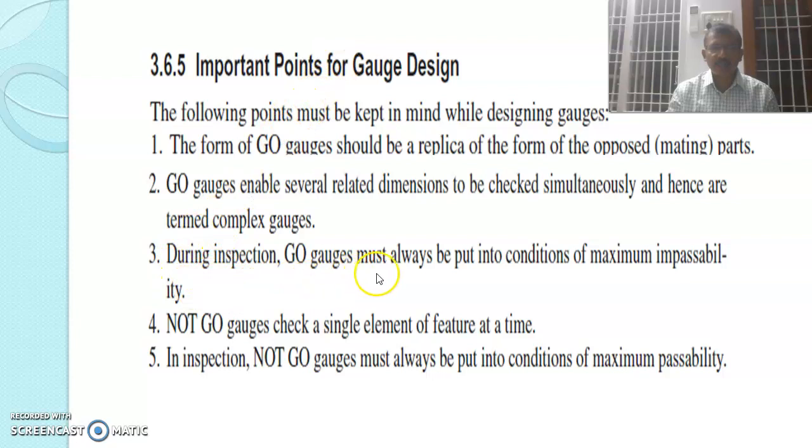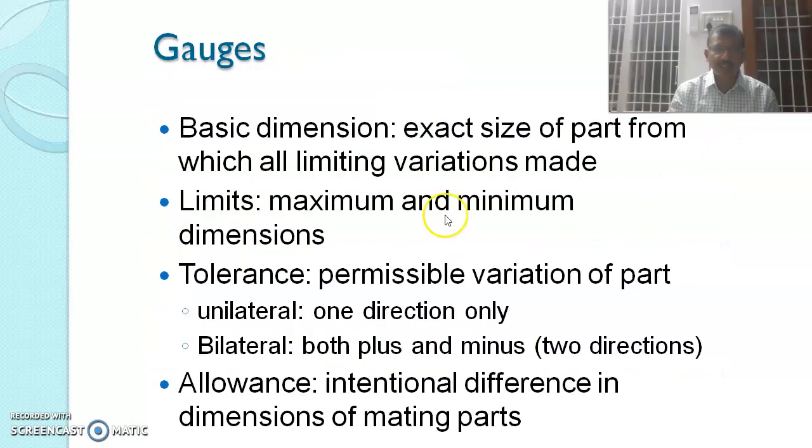During inspection, go gauges must always be put into conditions of maximum impassibility. Not go gauges check a single element or feature at a time. In inspection, not go gauges must always be put into conditions of maximum passability. This is the principle made by Taylor.